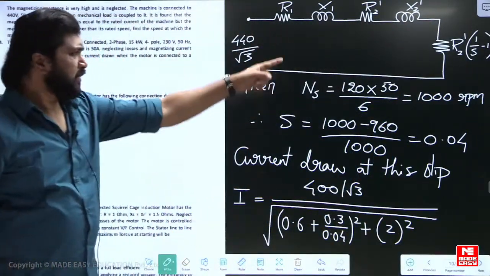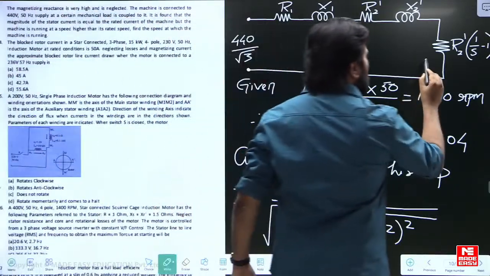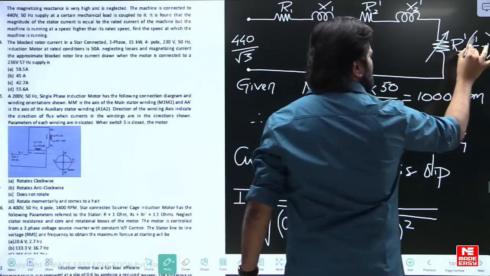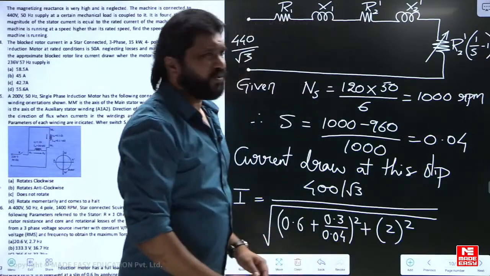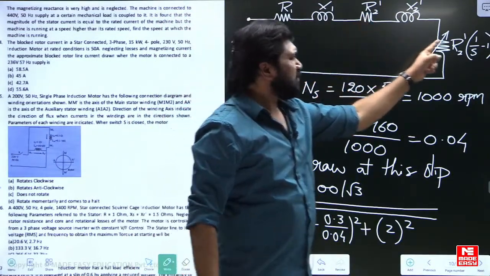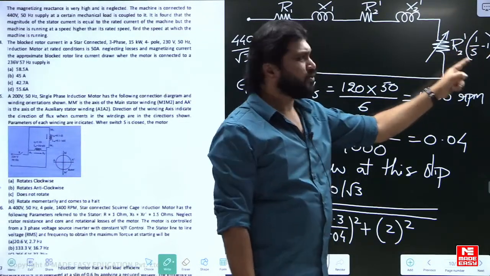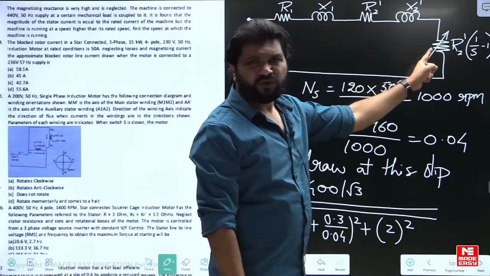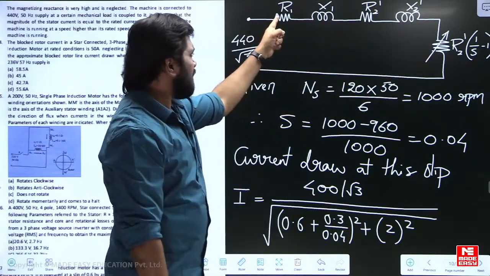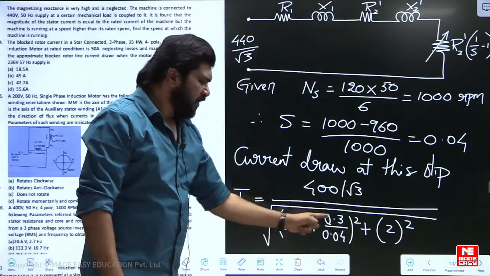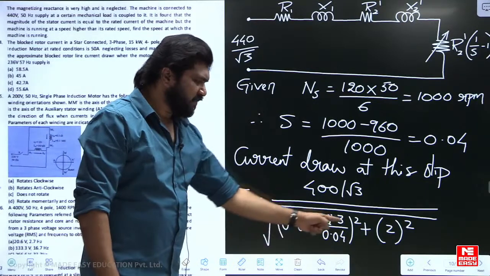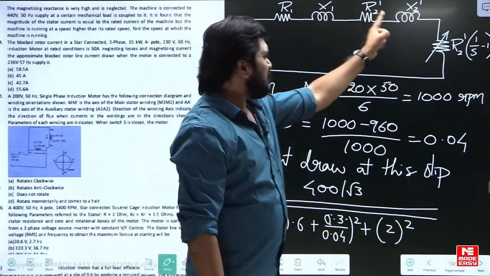You know that the load resistance RL is R2 dash into 1 by S minus 1. So R2 dash plus R2 dash by S minus R2 dash finally becomes R2 dash by S. So this combination is R2 dash by S plus R1, and X1 plus X2 dash.